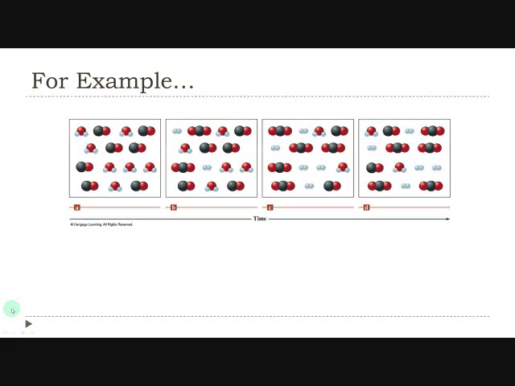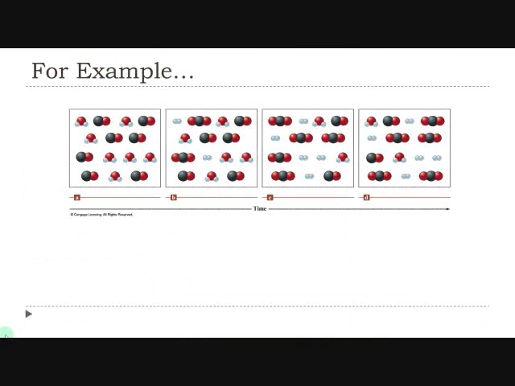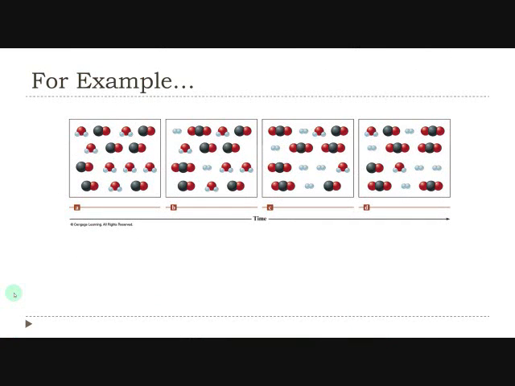This picture is in the textbook on page 609. It shows how a reaction might take place over time, where A would be at the beginning. This is only reactants, because if you notice, time increases as we move in that direction. So our two reactants, does anyone take a guess at what those two molecules are?